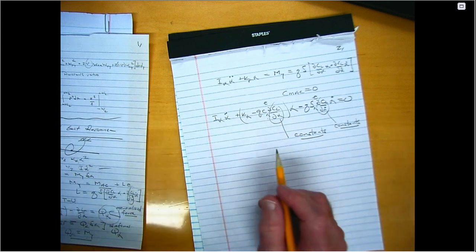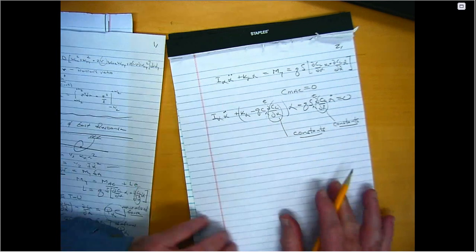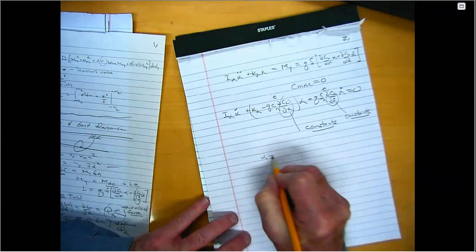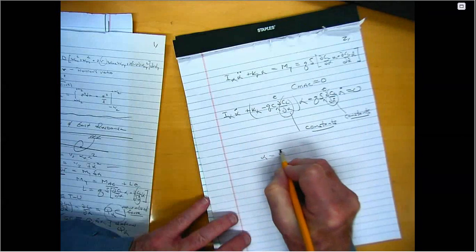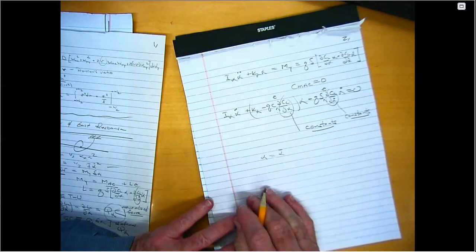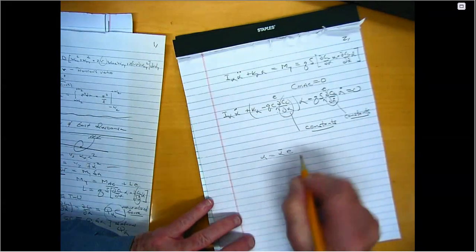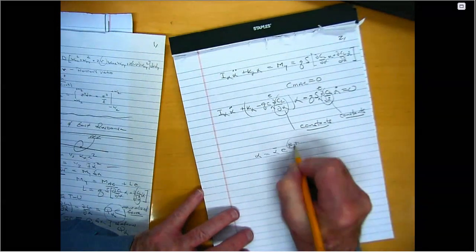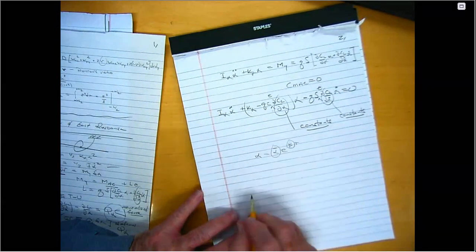Or, more formally, you could do the following. I'm going to look at alpha, assume some magnitude alpha bar, which I don't yet know, times e to the beta t, and I don't know beta either.